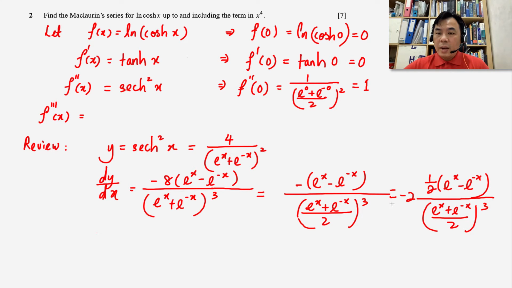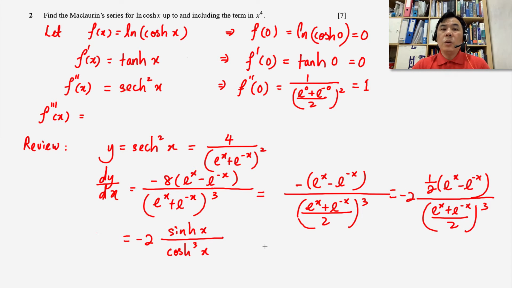And then this would automatically become -2. The numerator is hyperbolic sine, and the denominator, of course, you know this very well, is cosine hyperbolic x.